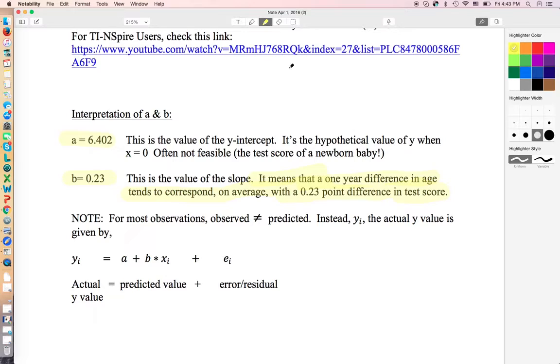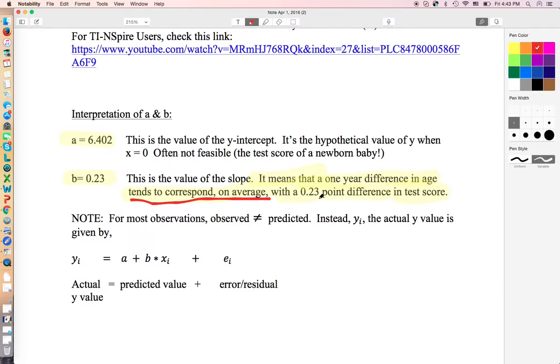It's super important that you say tends to correspond on average, because we're not saying that a 1-year difference in age means that a kid who's 12 is going to score 0.23 higher than a kid who's 11 every time. We're saying on average that's what tends to happen.